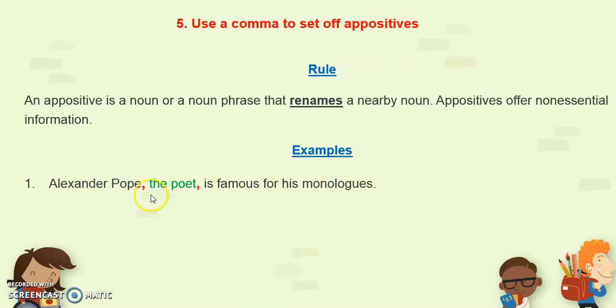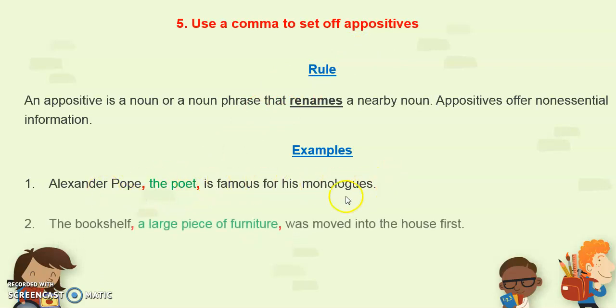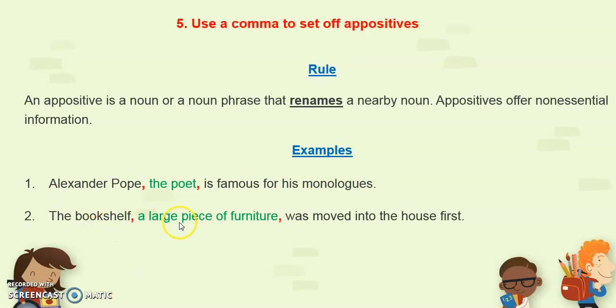Michael Jackson, the singer, is famous for his songs. Correct? So, I'm just reintroducing this person. Who is he? Okay, so that is an appositive. And again, this green phrase is not important. We can say Alexander Pope is famous for his monologues. Number 2, the bookshelf, a large piece of furniture, was moved into the house first.